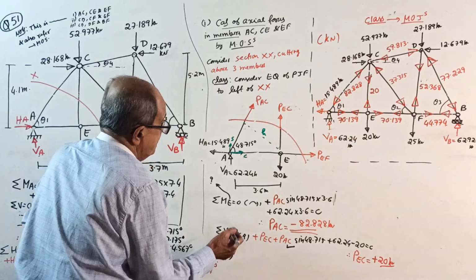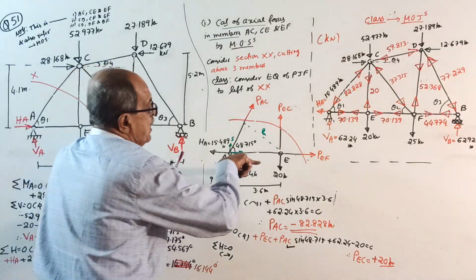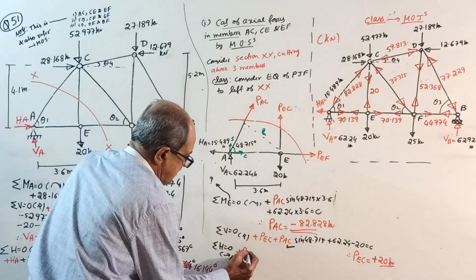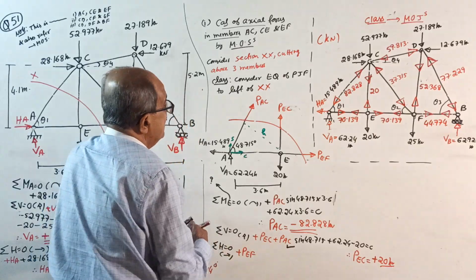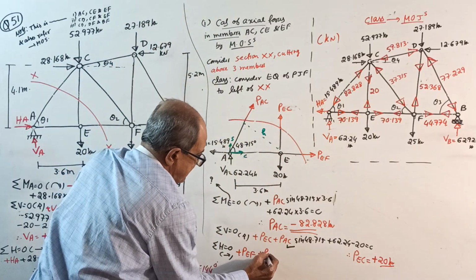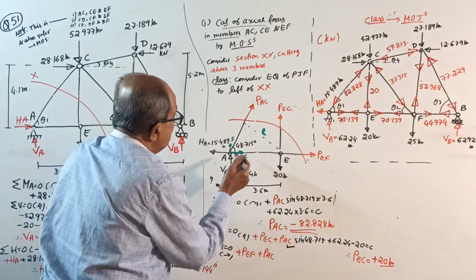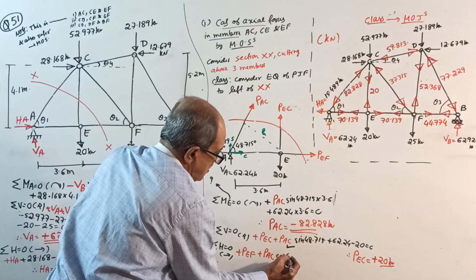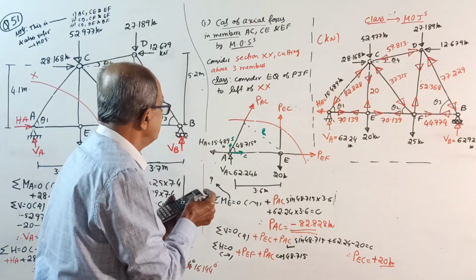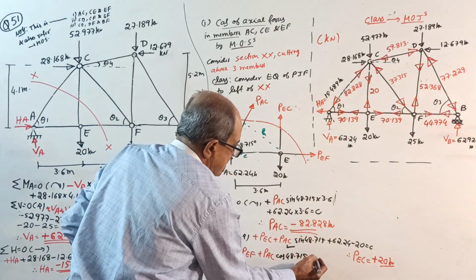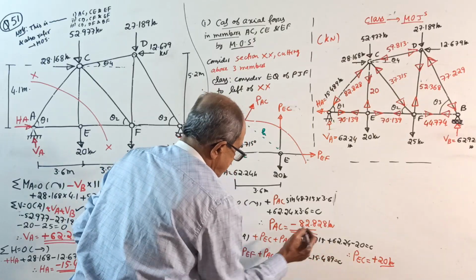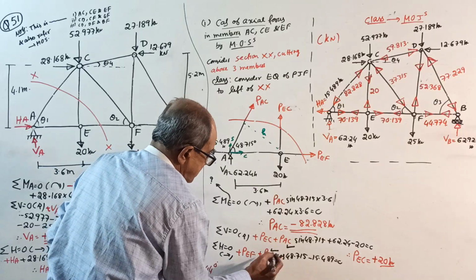Lastly, sigma H equal to 0. Take right side positive. Plus PEF, plus PAC cos 48.715, minus 15.489 equal to 0. If this is not clear, you are wasting your time attending my classes. You know the value of PAC.